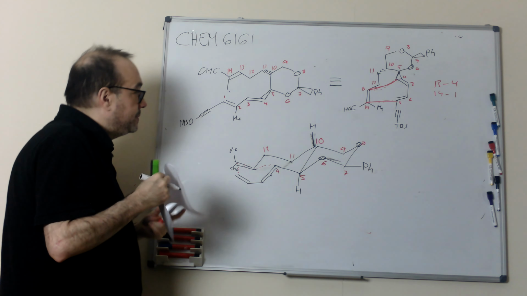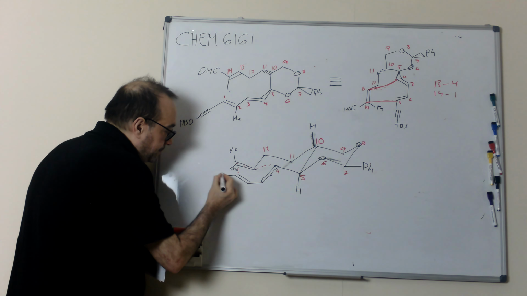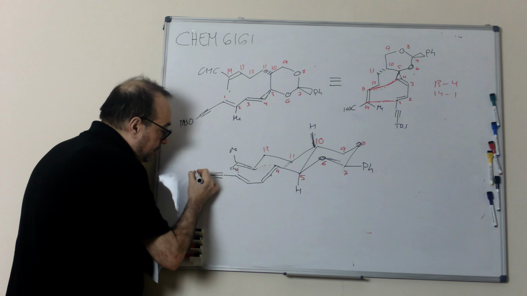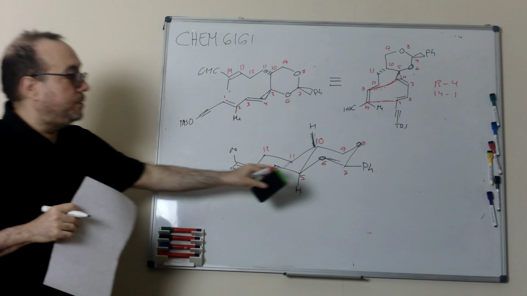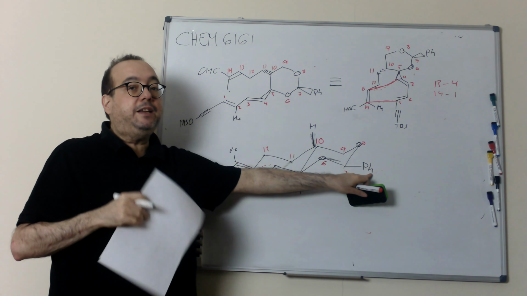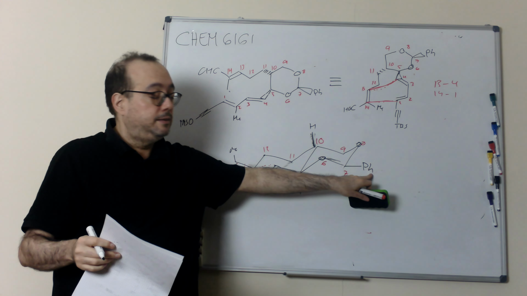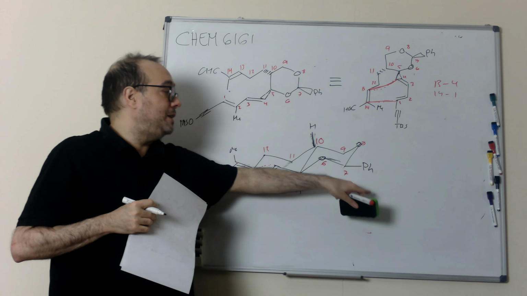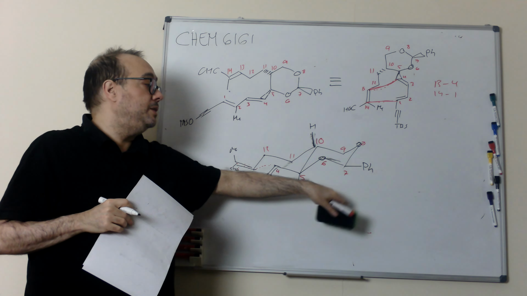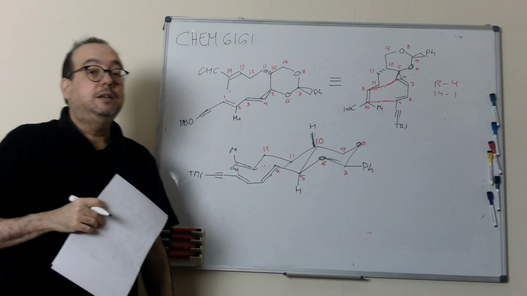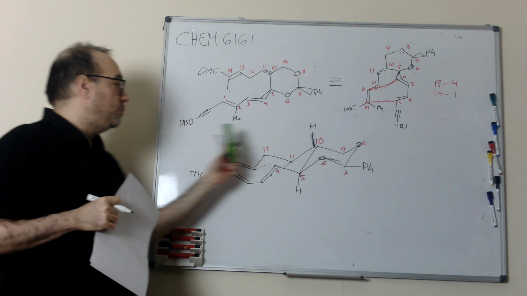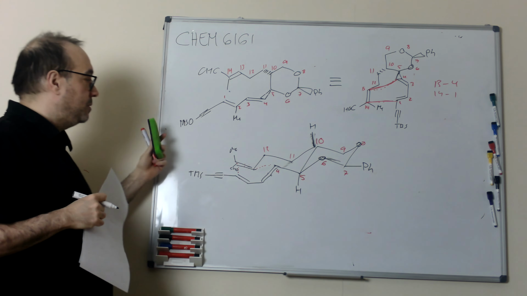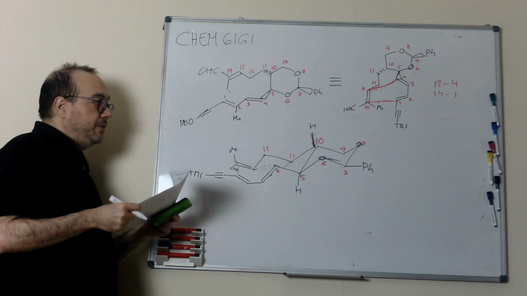That means in this decalin that I draw, the phenyl is already in an equatorial position. What happens if I draw it and I get the axial position? Well, then what I need to do is to draw the other possible decalin formation. That means instead of growing in this way, growing in this way, and you will see that you will change the configuration of the phenyl.